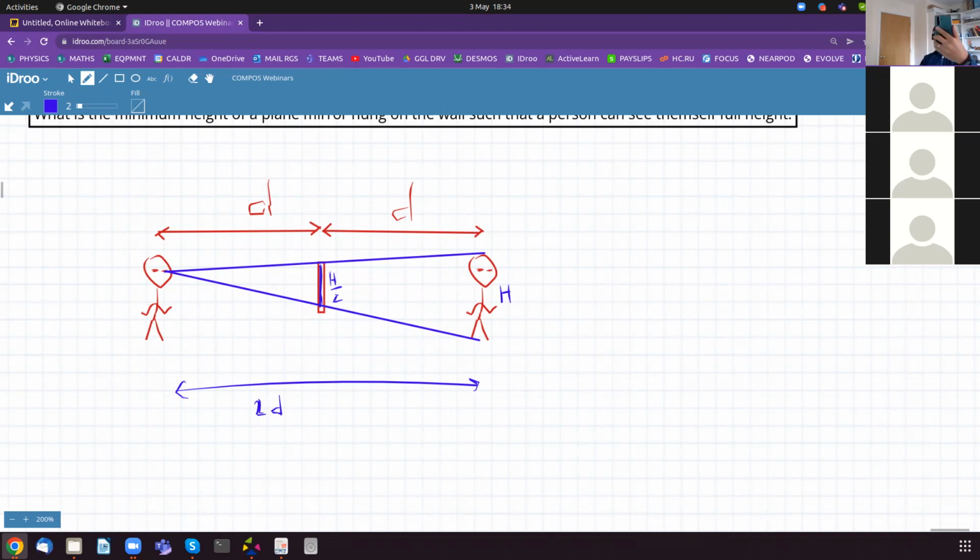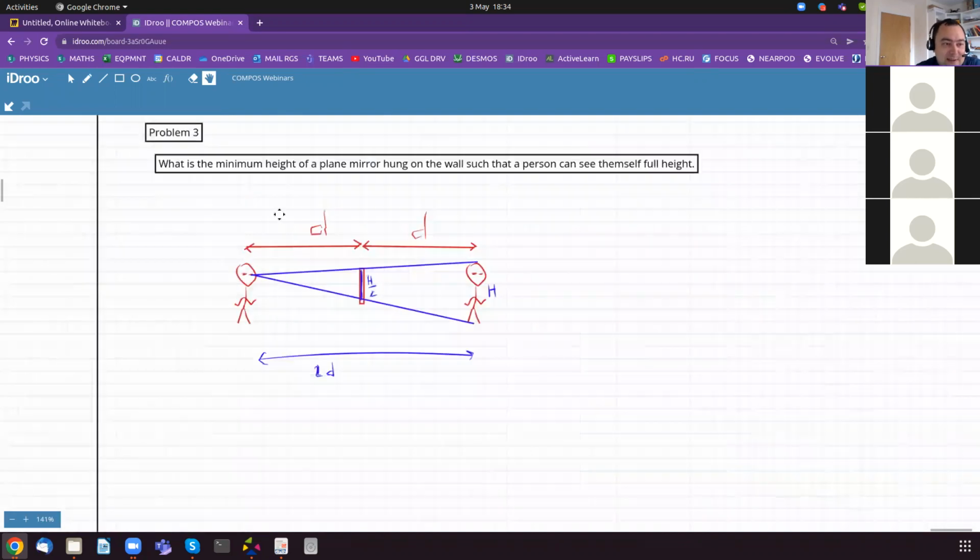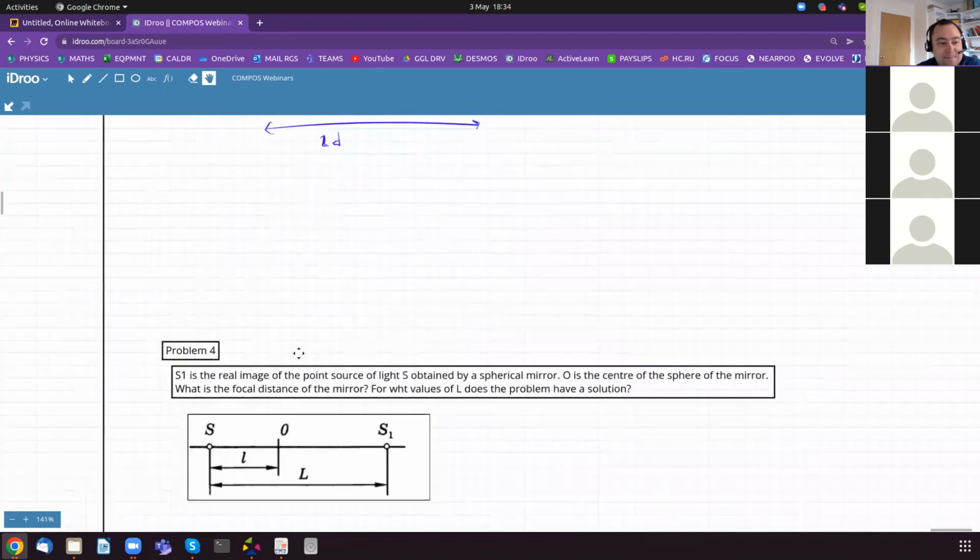In the mirror, I can see from here to my second button. And if I put my phone, it goes exactly twice, which is quite cool. So the answer is h over 2. This is like similar triangles.